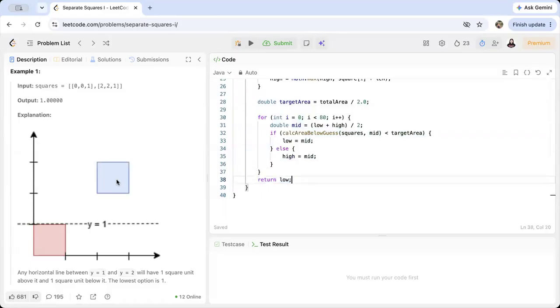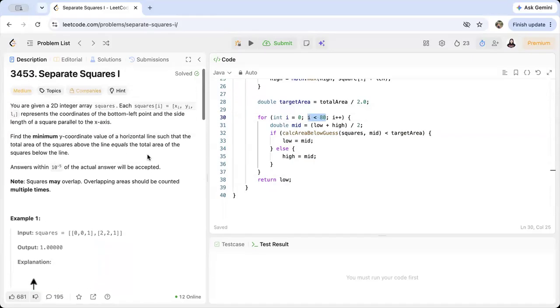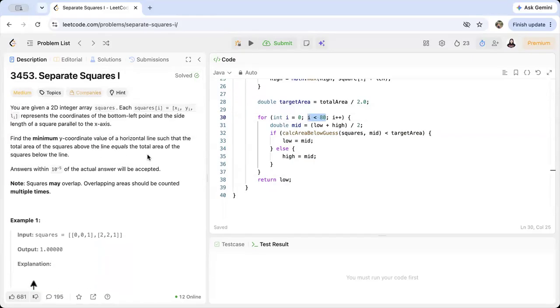Now, since we need floating point precision, we've run this 80 times so that we get to the lowest possible y value, and also avoid running into infinite loops because of floating point arithmetic.